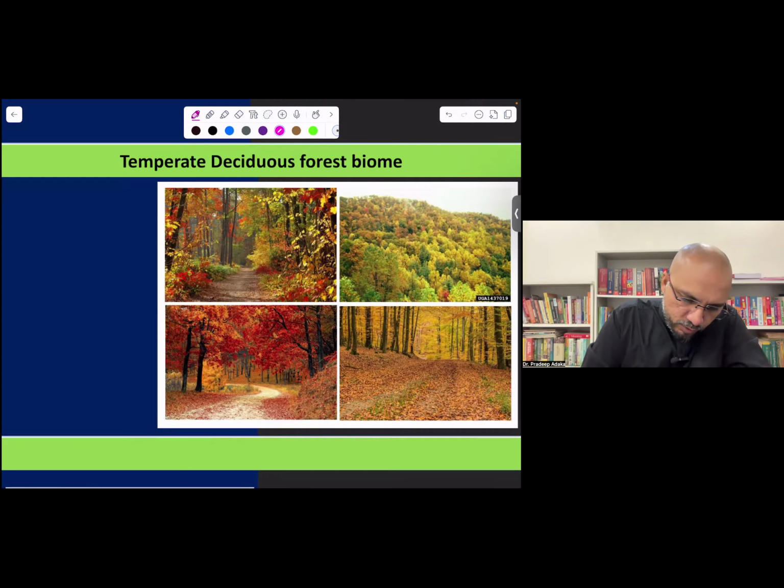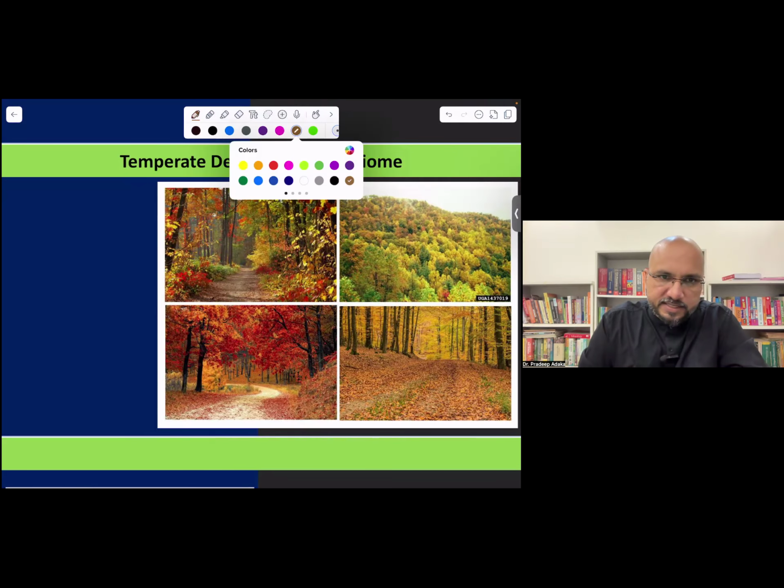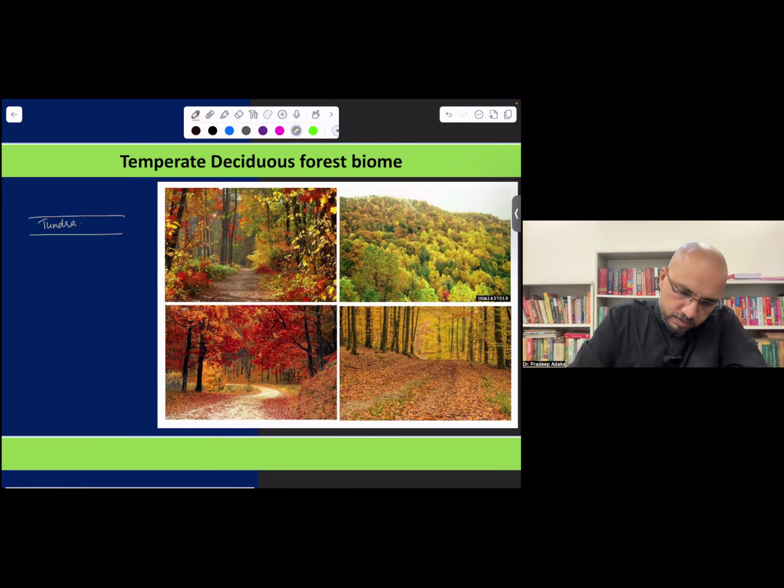So you have tundra biome here, near the poles. You have tundra biome near the poles.